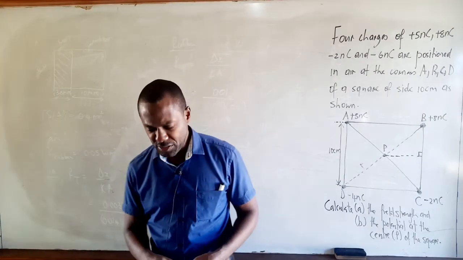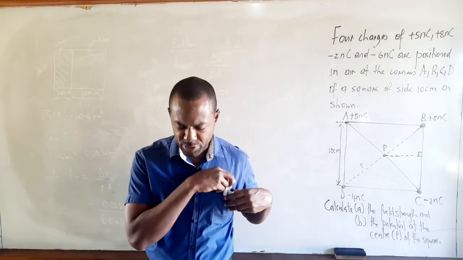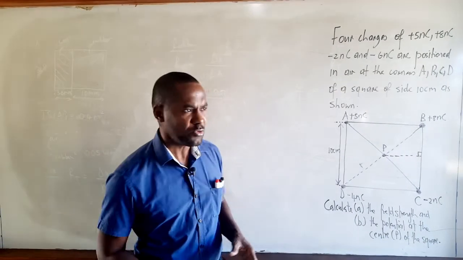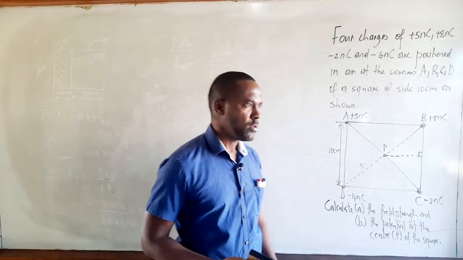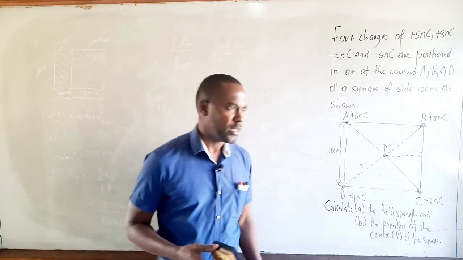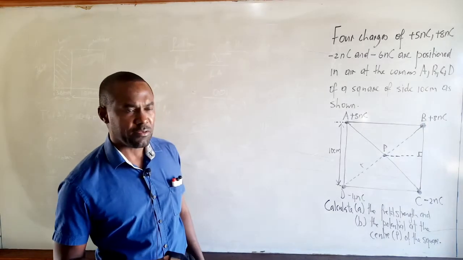Now, electric field strength is a vector quantity and therefore has both magnitude and direction, right? So, being a vector quantity, we must find the magnitude of the electric field strength at P as well as the direction. Now, electric field strength is defined as the force per unit charge exerted by a field at a point in the field.